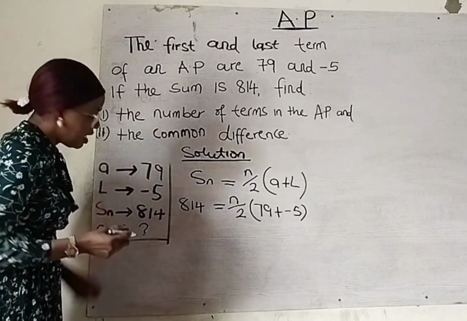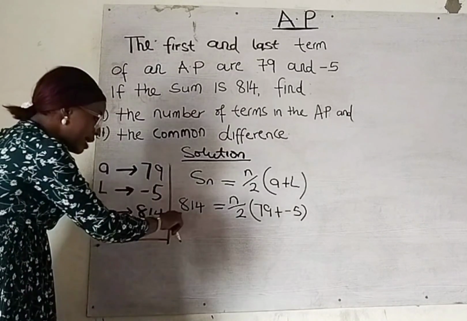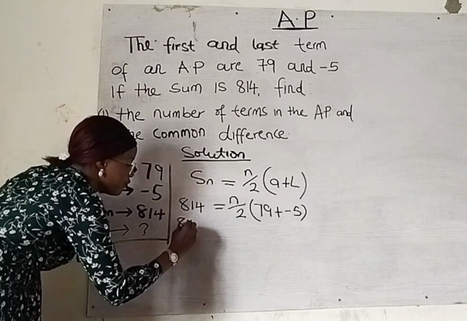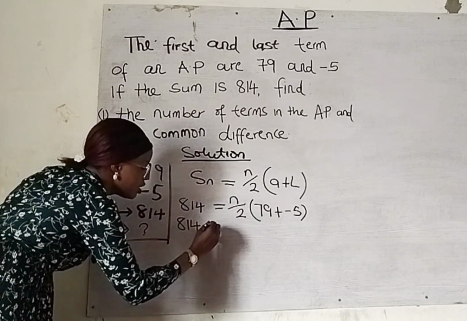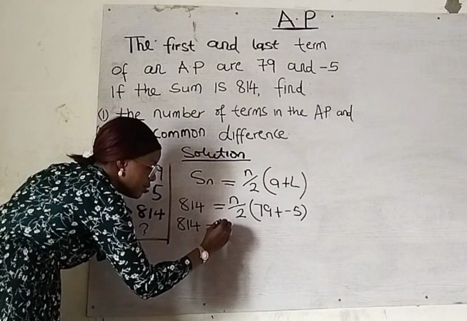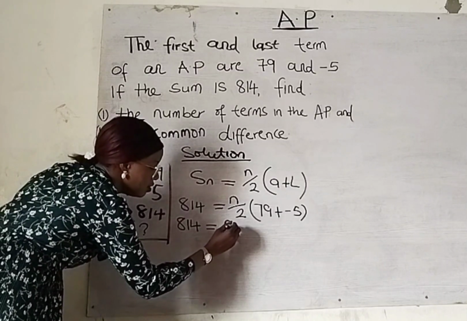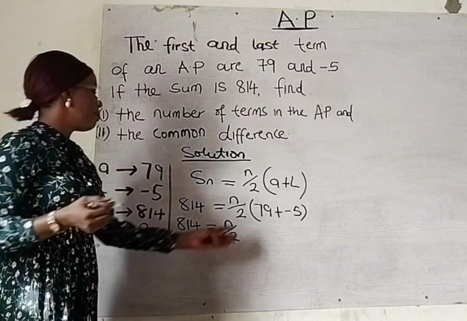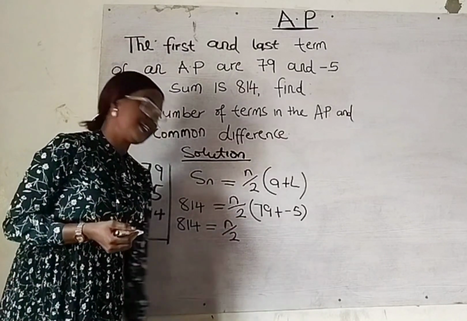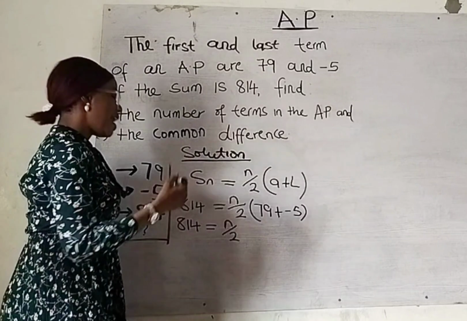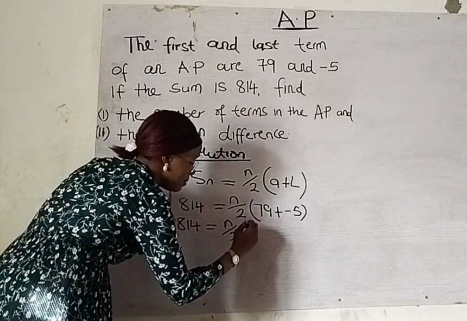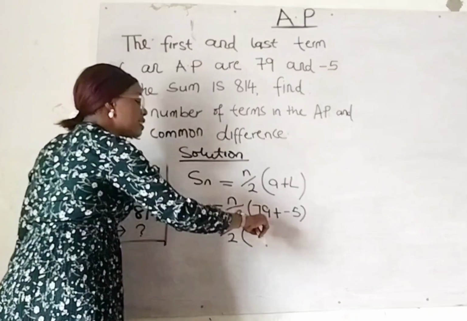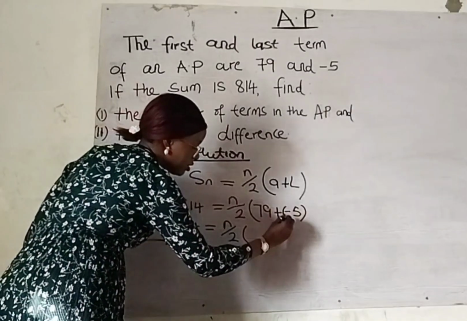Okay, I continue. I carry down this 814. 814 equals to, still write n. You are looking for it, you have not known the value. Put the 2. Then I'll do the operation in this bracket.